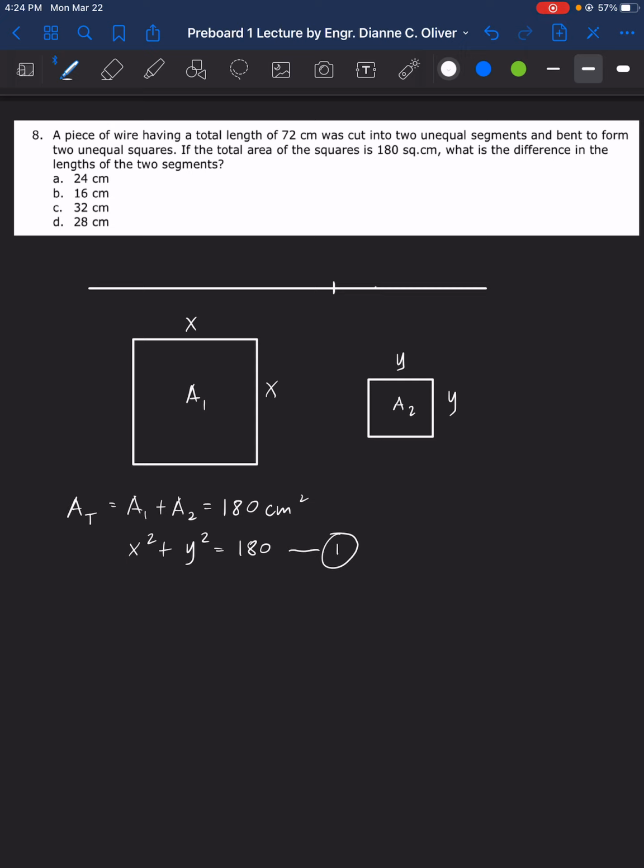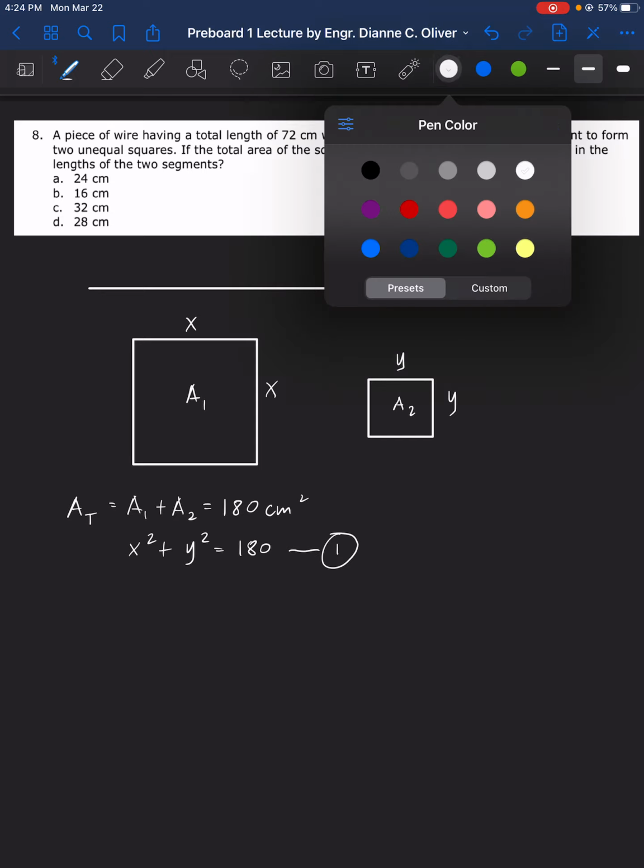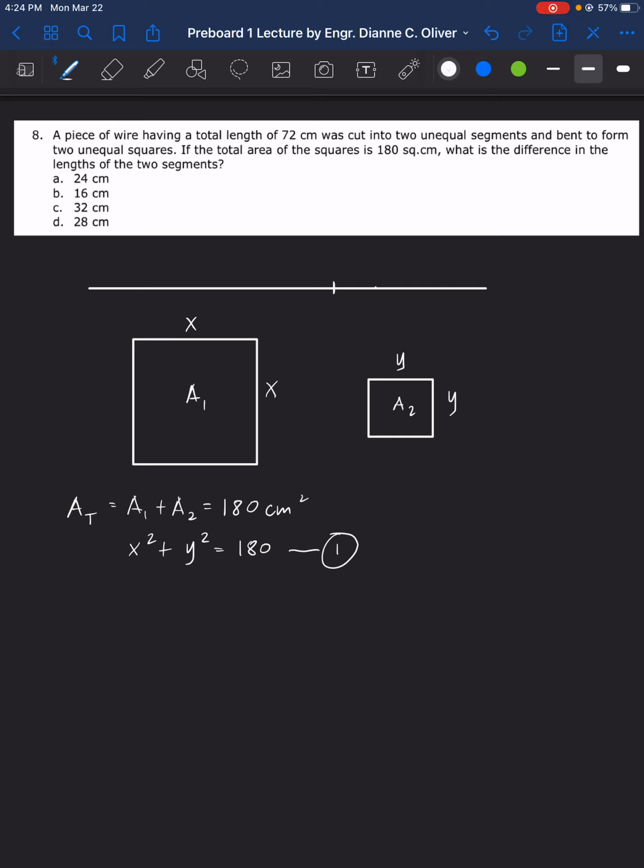Then, what else? The piece of wire has a total length of 72. So if the dimensions for the squares are x and y, therefore the lengths of these wires are 4x, meaning the perimeter of the square, and then 4y.